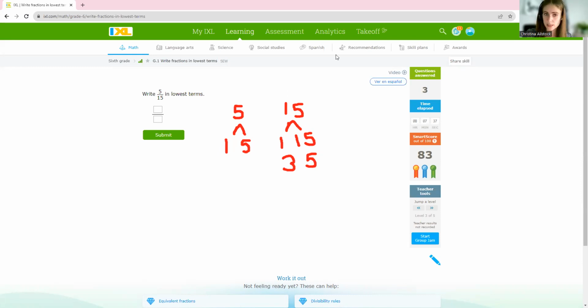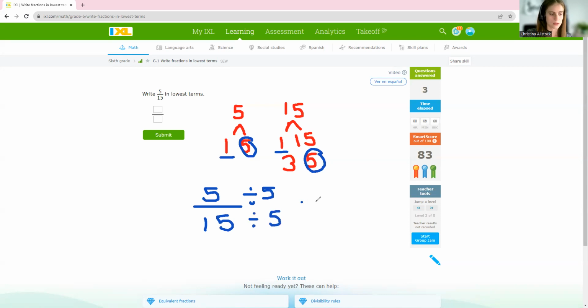What is the greatest of these common factors? Well, they have 1 in common, but they also have 5 in common. That means we can reduce by dividing by 5. So 5 divided by 5 is 1. 15 divided by 5 is 3.